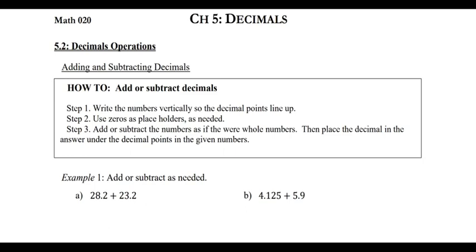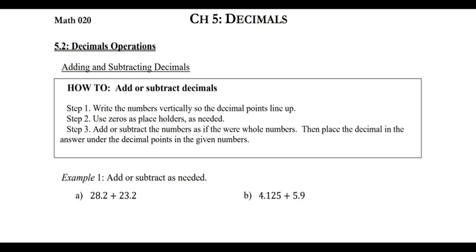In step 1, you are going to write the numbers vertically so the decimal points line up. When we did that with whole numbers, we made sure that the place values lined up. Here, we need to make sure that the decimal points are right on top of each other. If you need to, you can use zeros as placeholders if one decimal part is longer than the other.